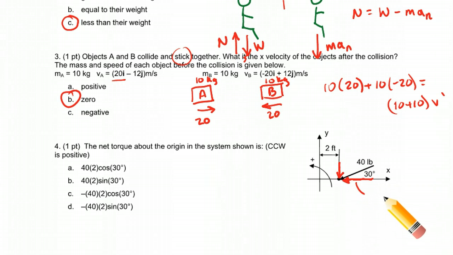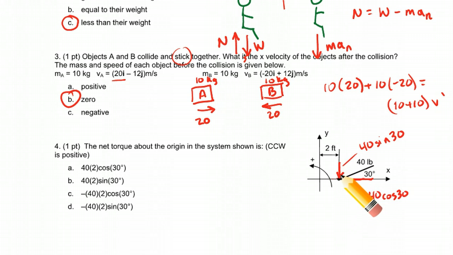Okay, so this horizontal component is adjacent to our 30-degree angle, so it's going to be 40 cosine of 30, and that makes this vertical component 40 sine of 30. This horizontal component, line of action, is going right through the origin, so it has no effect on the torque.